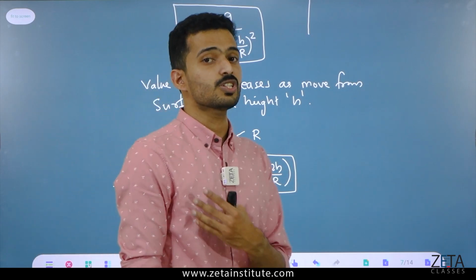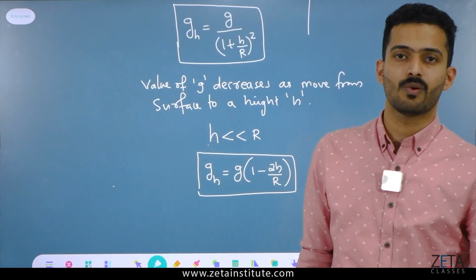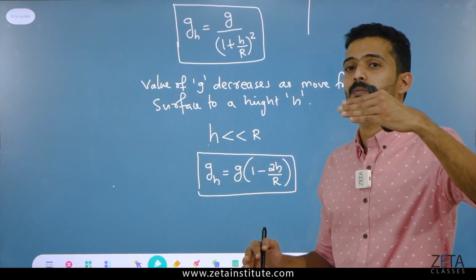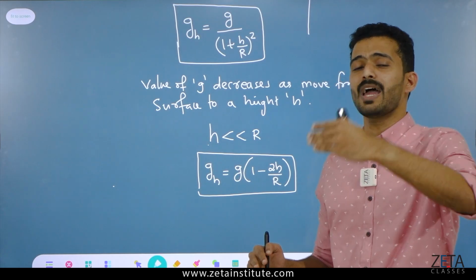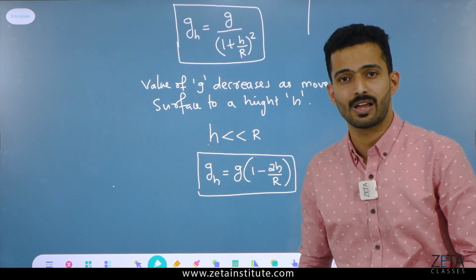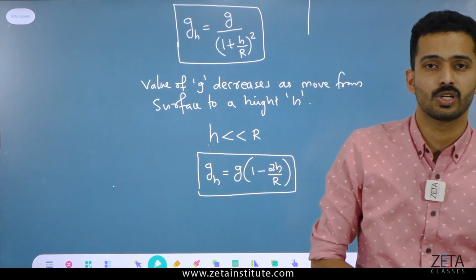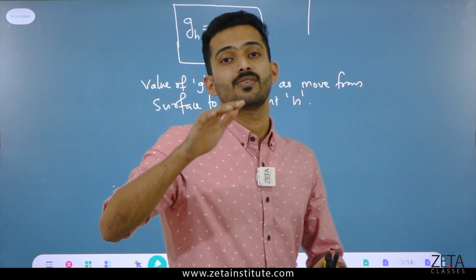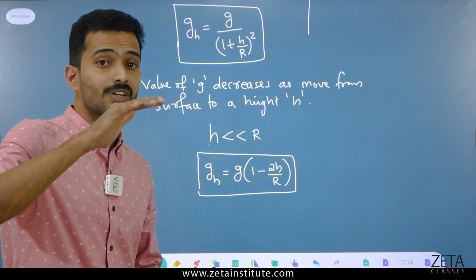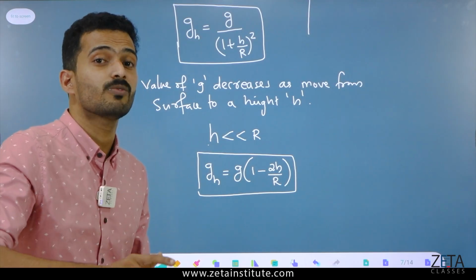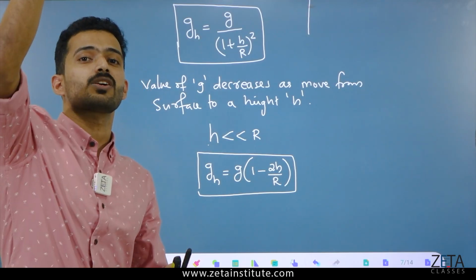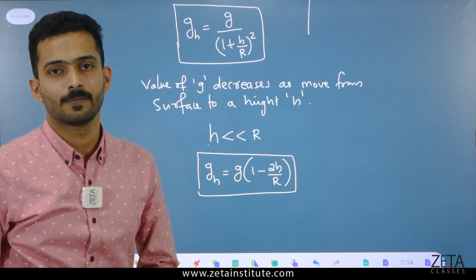From this equation we have understood that when we go up, the value of acceleration due to gravity decreases. When the height increases, the value of acceleration due to gravity decreases as we move from the surface of the earth to the height.